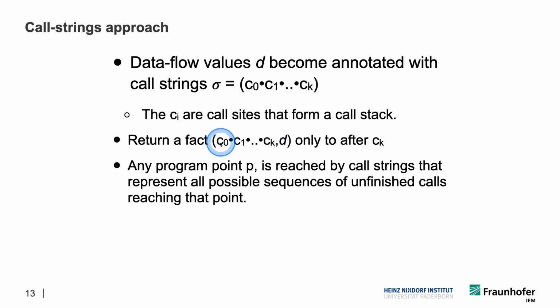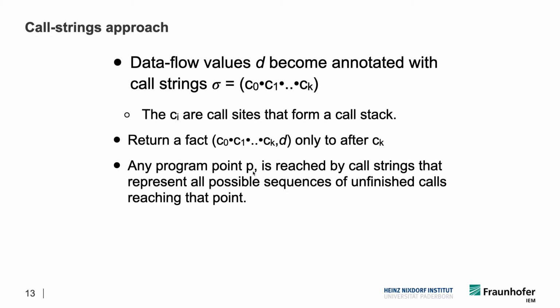And all the call strings that reach this particular program point are call strings for possible sequences of unfinished calls reaching that point. They're unfinished because, well, of what I will be telling you in a minute.